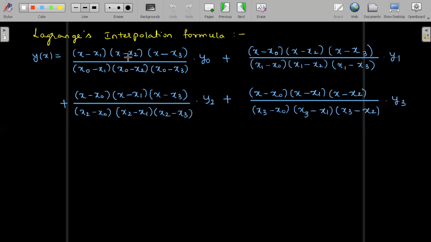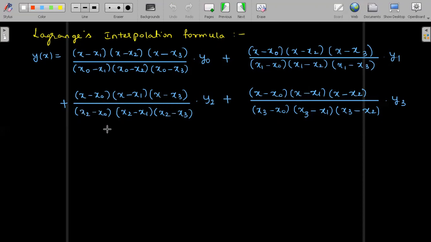So observe that x0 is skipped in the first term, and each term in the denominator should be subtracted from x0. So the multiplier is y0 here. Similarly, observing the second term, x1 is skipped in the numerator. So denominator should be subtracted from x1, and hence the multiplier is y1. Third term, x2 should be skipped in the numerator.